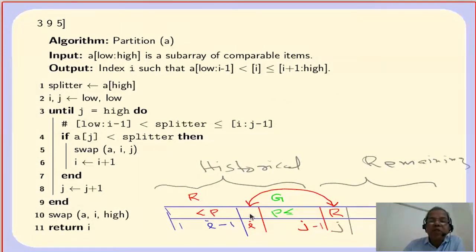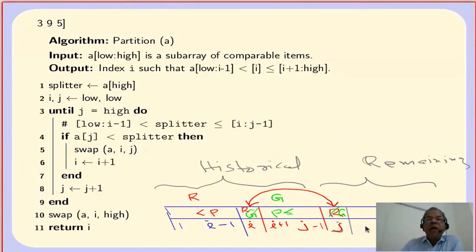Now i also becomes red. Formerly, here we had a green. So after swapping, this will be green and this will be red. So 1 to i minus 1 is expanded to 1 to i. It is all red. And green is shifted to i plus 1 to j.